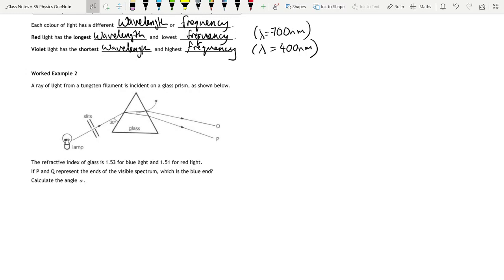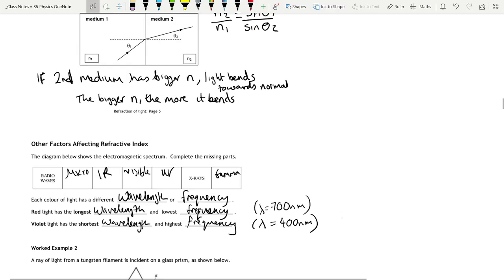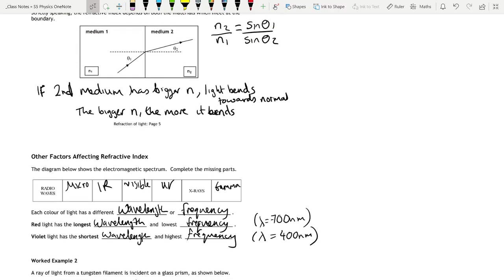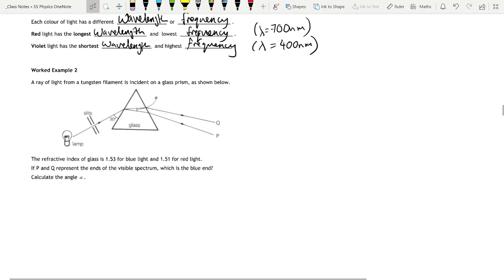So we know now, because I wrote it slightly earlier on, that the bigger the n, the more bending it does. In this case, P has done the most bending. So P must be the light with the highest refractive index. So P is going to be blue, and Q would be red.